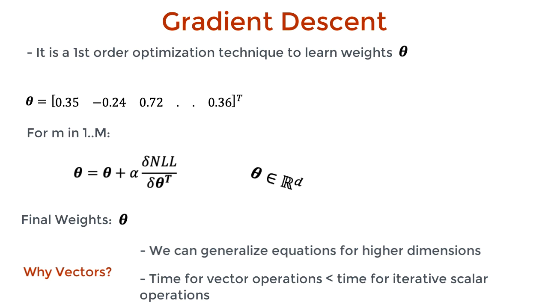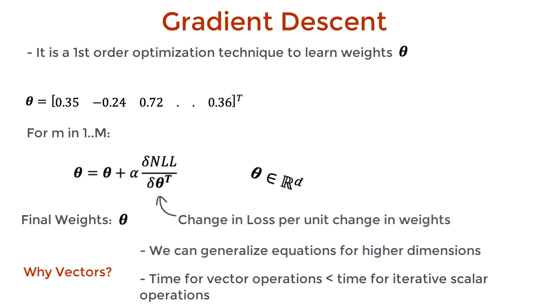So from this equation, we see that delta NLL divided by delta theta transpose. NLL is the negative log likelihood, and theta transpose is the transpose of the weight vector, which is now going to be a row vector. So this gradient represents how much the loss changes for a unit change in the weights.